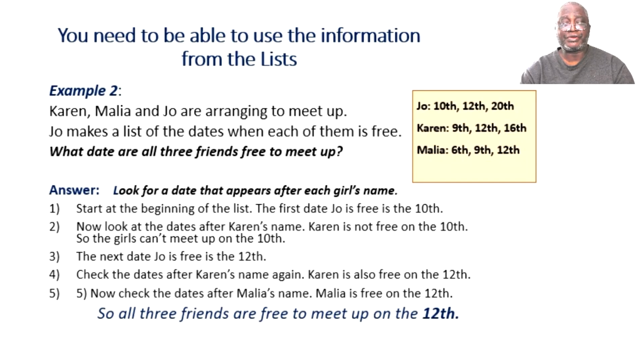To make that list, Joe will have to ask each person in turn to give the dates on which they are free, and then she will make the list and compare the different dates until they're able to find a date that is common to all 3 of them. And in this case, it's the 12th. Okay, so all 3 friends are free to meet up on the 12th.